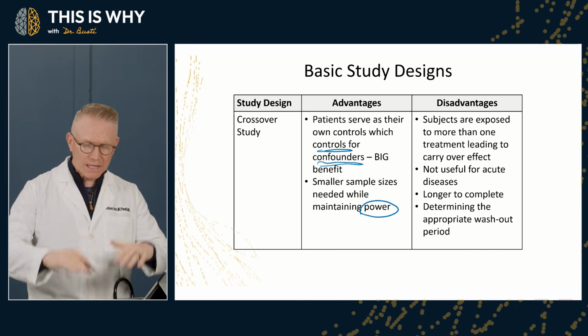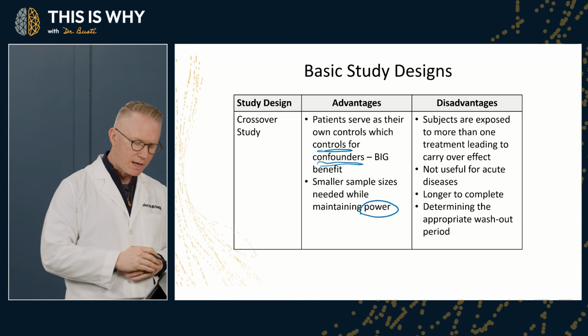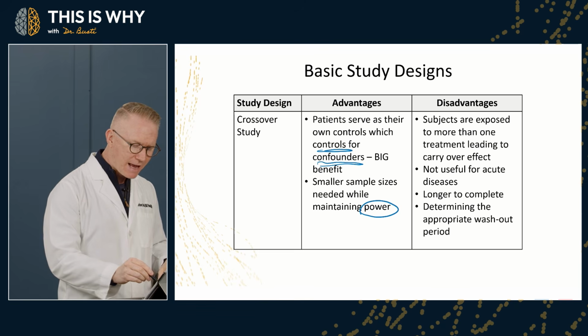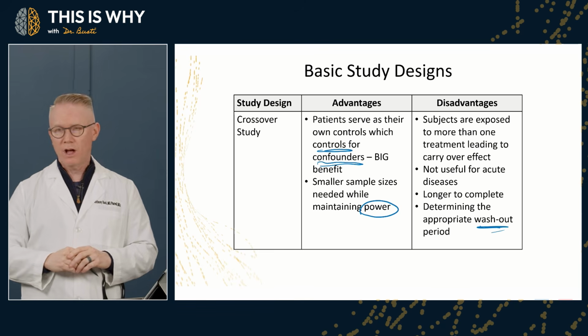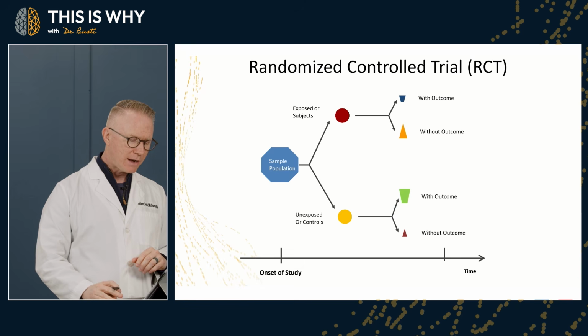We don't need as many people, but it is harder on us and takes more time to do that. And if that washout period is a long time based on the intervention, that can sometimes be problematic, okay?